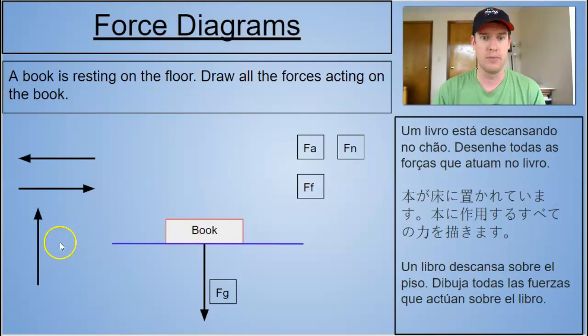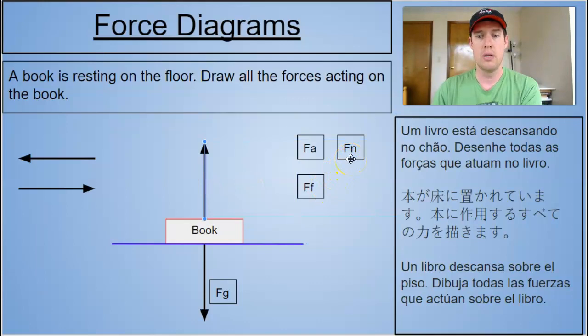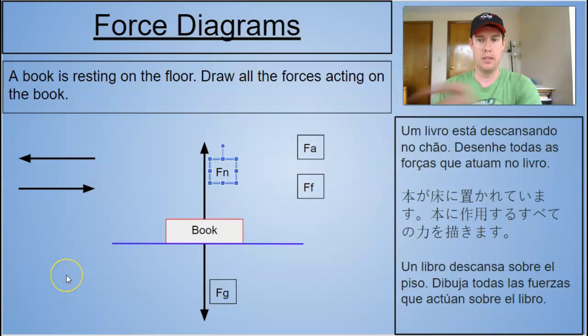It's not moving relative to the floor. So the normal force, or F of N, is being acted on the book by the floor. So we're going to grab F of N, our label, and we're going to come and draw that next to our arrow. Now, we're done.